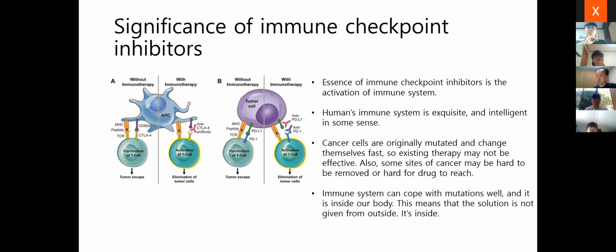Firstly, it can cope with mutations well, and the immune system is in our body, so it is easier for the immune system to approach anywhere there is cancer. By these things, immune checkpoint inhibitors are significant, and many scientists are trying to develop such drugs. Thank you for listening to my presentation.